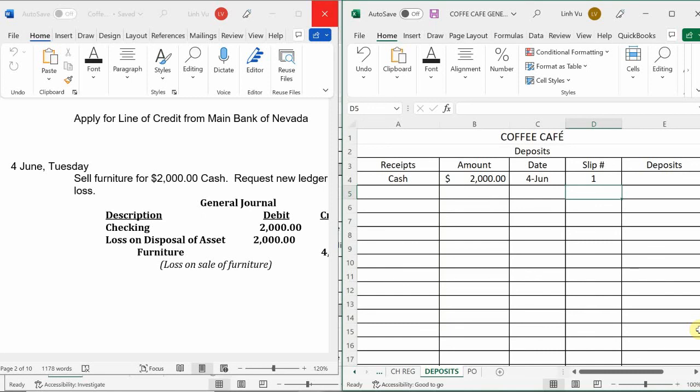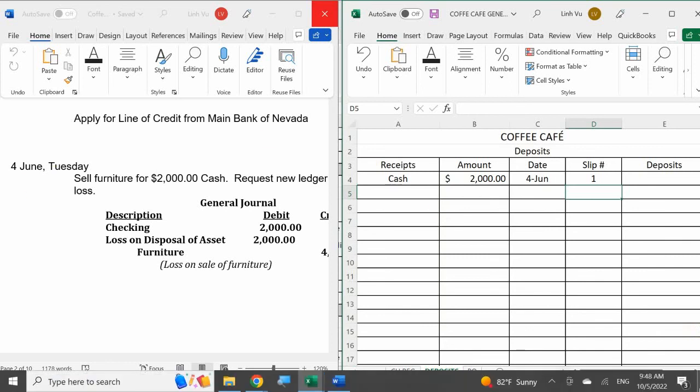Every time you deposit money into the bank account, whether via ATM or inside the bank, they give you a copy of your deposit number to let you know how many deposits you have made so far. I don't know what that number is here, so I'm going to call this deposit slip number 1.